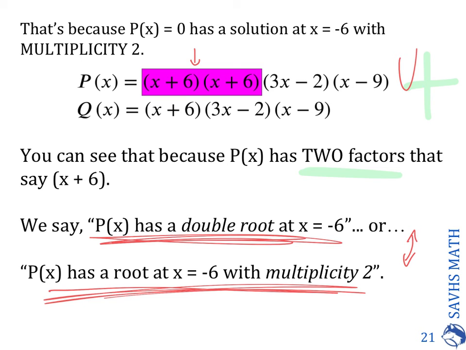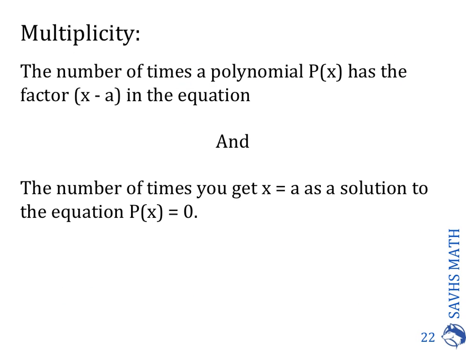Remember that if we were solving the equation p of x equals 0, we could use the zero product property, and we would split up x plus 6 equals 0, and then x plus 6 equals 0, and we do it twice. Because we're doing it twice, we call it a double root or multiplicity 2. If we did it 3 times, we would call it multiplicity 3 or a triple root.